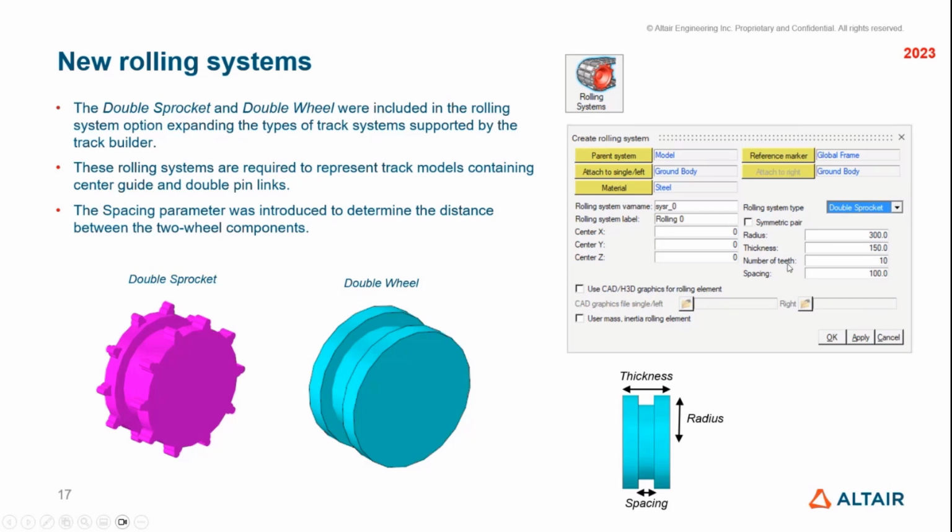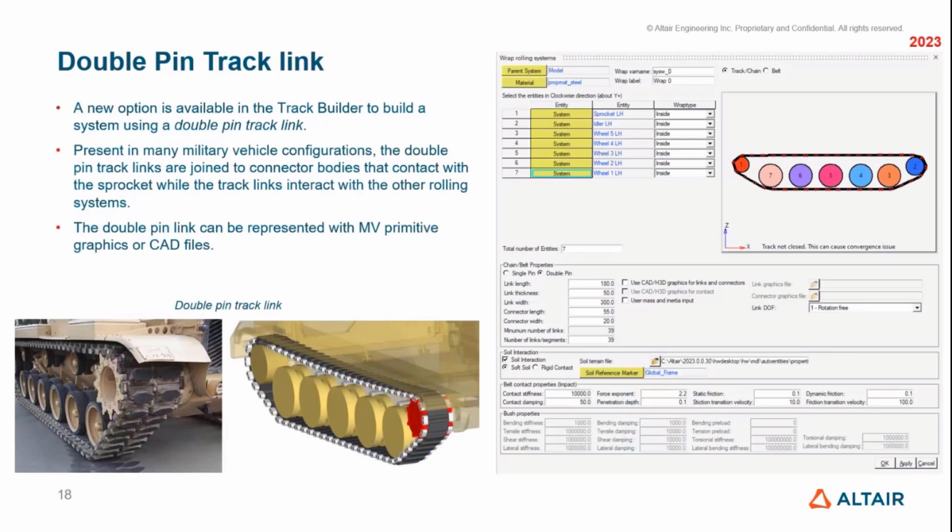We implement this now in 23 to support a second enhancement on the track builder, which is the double pin track link. Now, what's the double pin track link? It's basically a track system where the sprocket connects to the track not through the link itself, but through a second body, a connector body, which is represented in this figure by this little link. So these sprockets are now duplicated, it's a double sprocket, right?